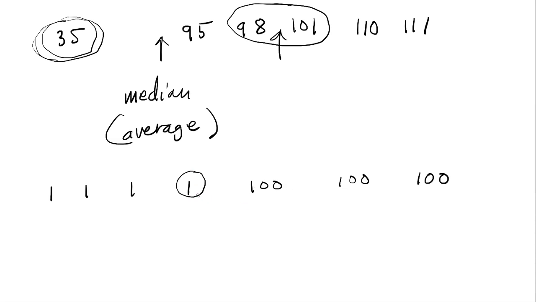So the median is 1. And if I use the mode, it's also 1, because that's the most common one. But that's really forgetting about a significant part of the data set. So if I take the average instead, I will have something closer to 50. The average here will be something close to 50, a little bit lower than 50 since we have more ones than hundreds. But the average will be in the middle.